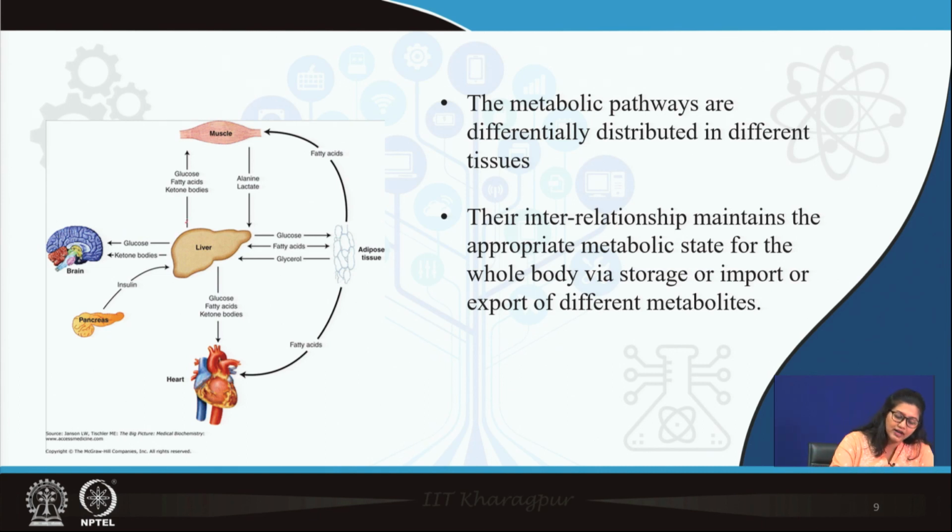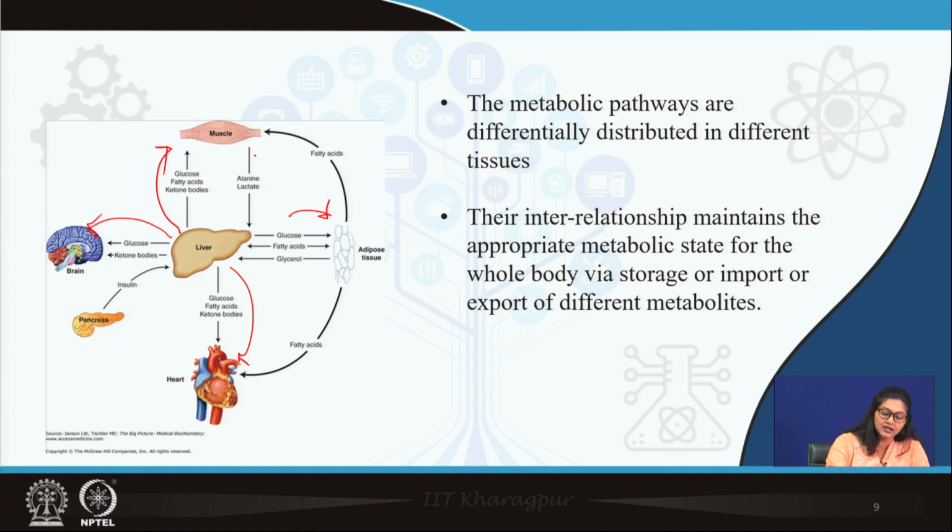So, liver provides nutrients to all these organs, starting from skeletal muscle, brain, heart, adipose tissue, everywhere liver distributes nutrients. But these organs, on requirement, provide energy to liver as well, and exchange nutrients with liver as well.